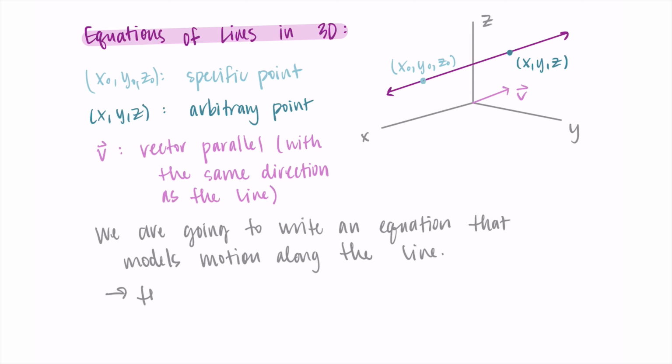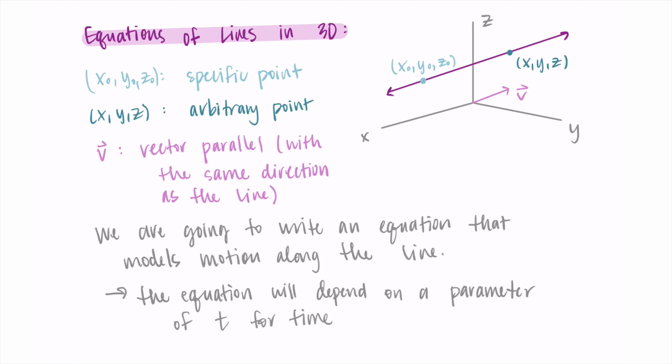So this means that the equation we come up with will depend on time. And when we say it depends on time, I like to call it a parameter. So this is where that phrase parameterization comes in. This means that we just have some time element and it's changing.